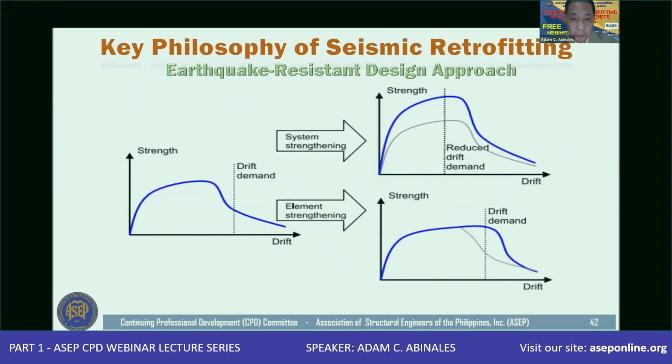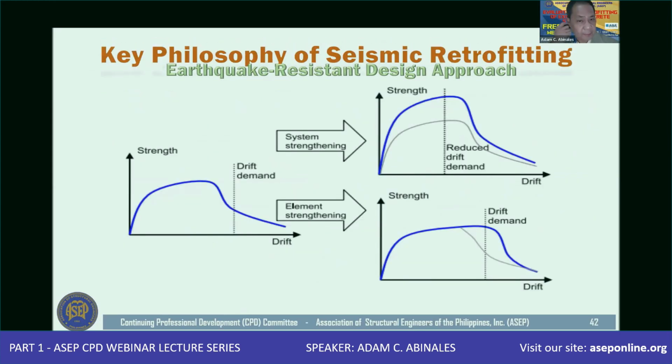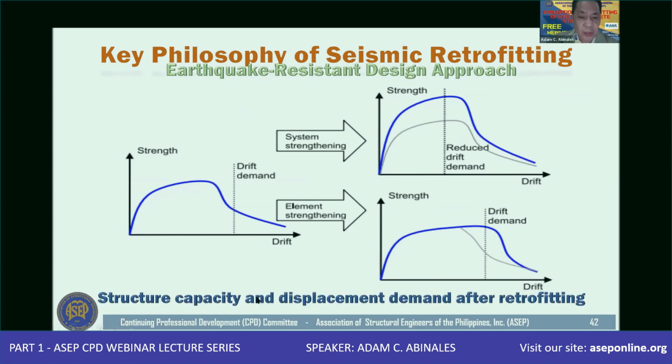Looking at this diagram, you have the structure capacity and the displacement demand after retrofitting. This is the graph when the building is not retrofitted, and you have this drift demand at this point. But when you do some retrofitting, either system strengthening or element strengthening, there would be a substantial drop of this curve down to this curve.